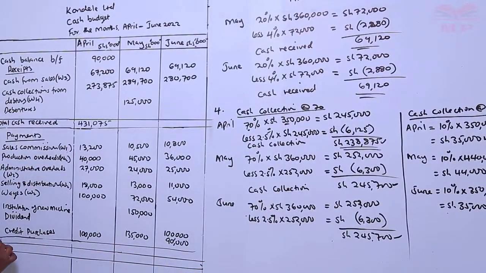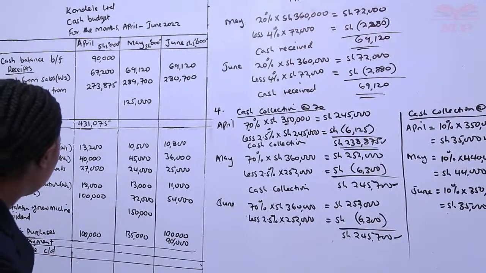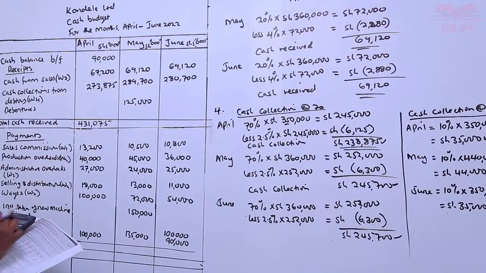We also show the total cash payments. So we will have total cash payment, and then cash balance that is to be carried down. So we do the cash payments for the month of April.